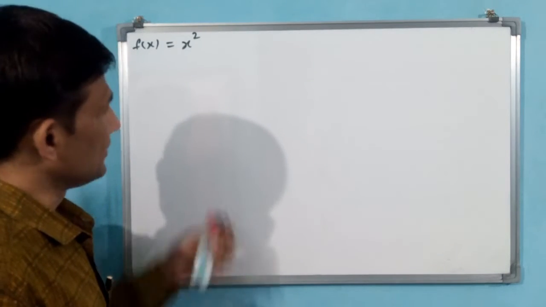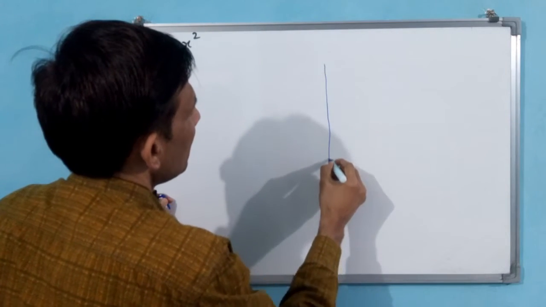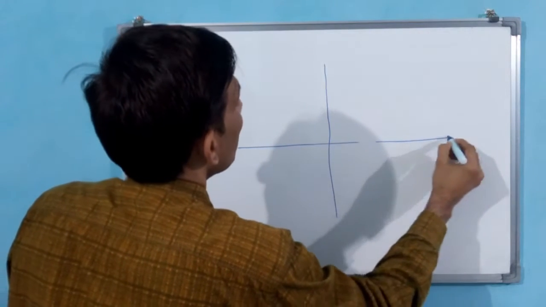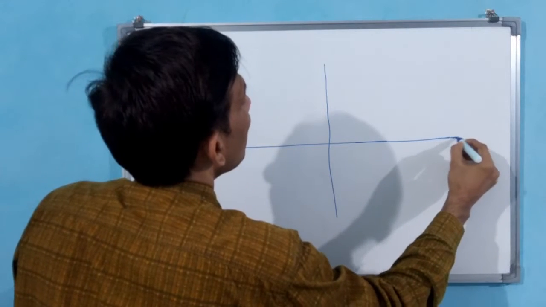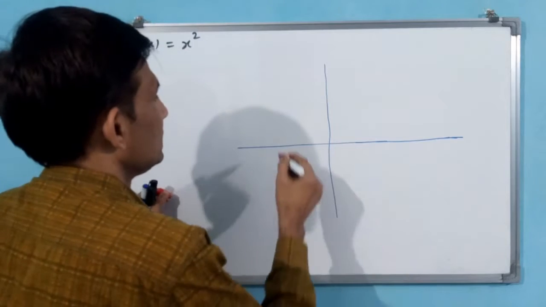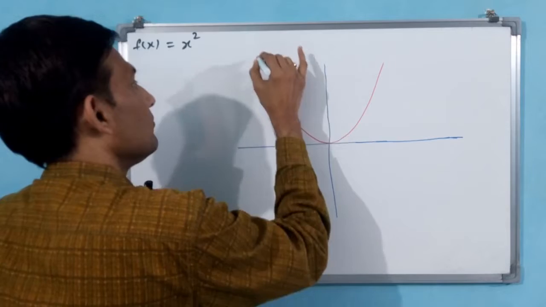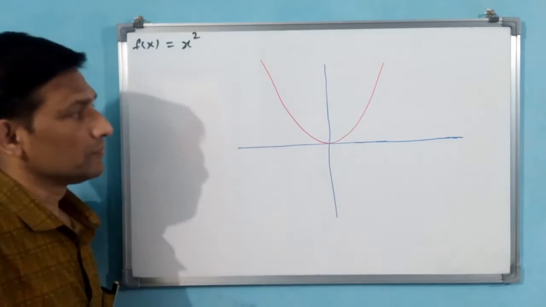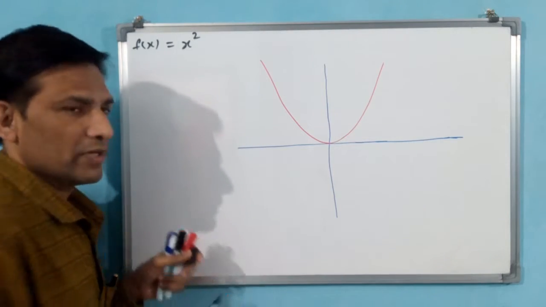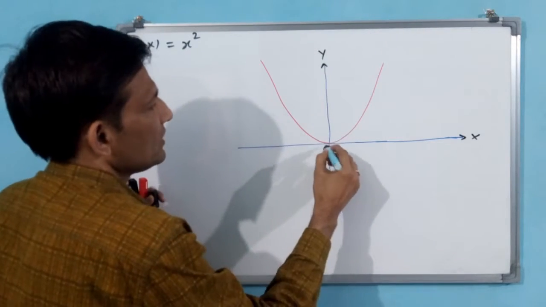The graph of this. This is the graph. X, y. This is the origin, 0.